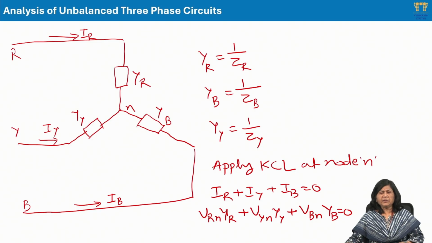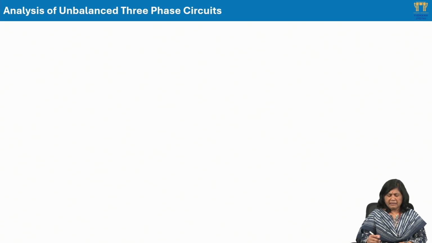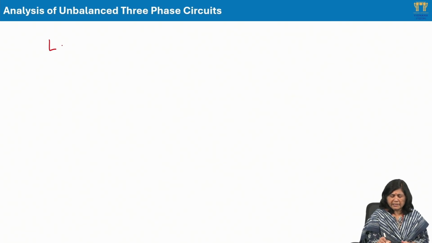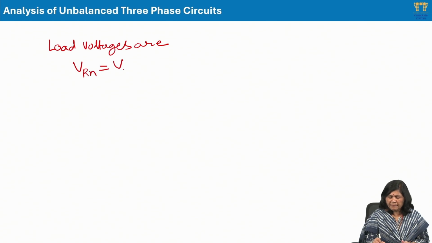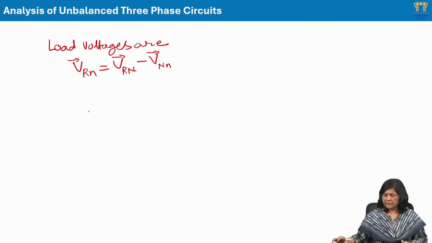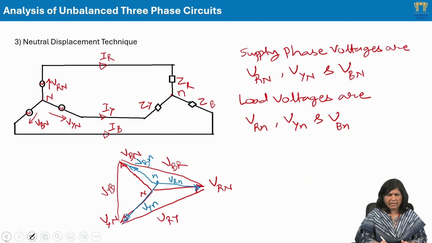Alright. Now assuming that my load voltages are VRn in terms of the supply voltage, VRN minus the shift voltage VNn. Right?